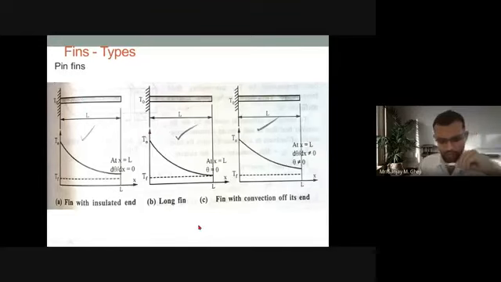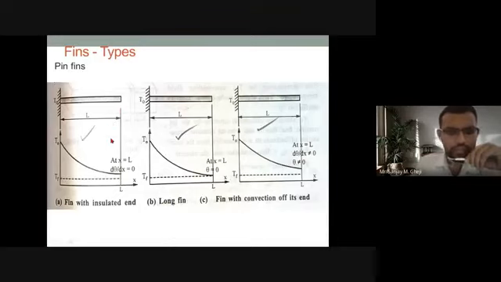So pin fins, our study is mostly concerned with the pin fins. Again, in pin fins, we have different categories or different classes, because as we go on changing the boundary conditions at the tip, we are going to get different cases, and we are going to get different mathematical formulations, and thereby pertaining to different cases, we have to use that particular formula or mathematical analysis as it is applicable.